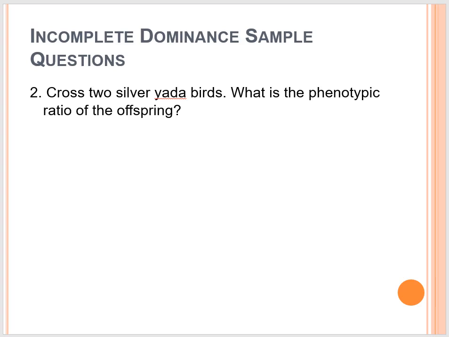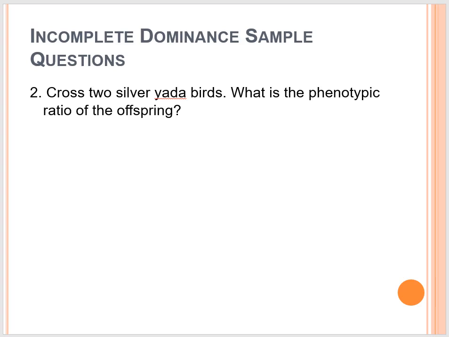Heterozygous. When I cross two heterozygous, what's my genotype ratio? 1-2-1. What's my phenotype, which y'all missed on the quiz, on the test? Phenotype ratio is? 3-1. That's Mendelian genetics. It still applies here, okay?